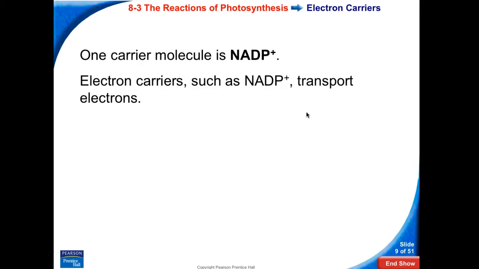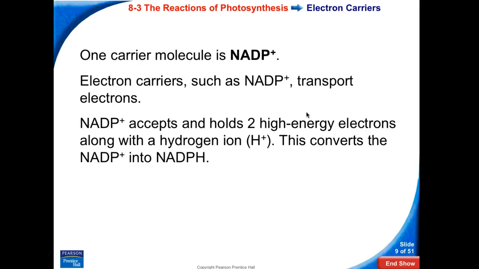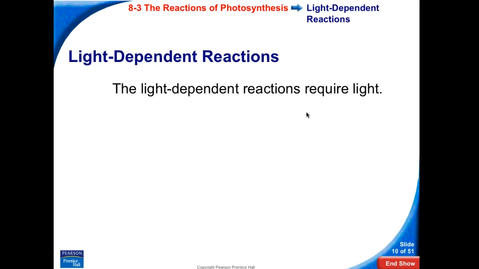An electron carrier such as NADP+ transports electrons, more importantly, high energy electrons. So NADP+ accepts and holds two high energy electrons along with a hydrogen ion, and ultimately that converts NADP+ into a molecule called NADPH. So NADPH is the molecule that is high energy electron rich.